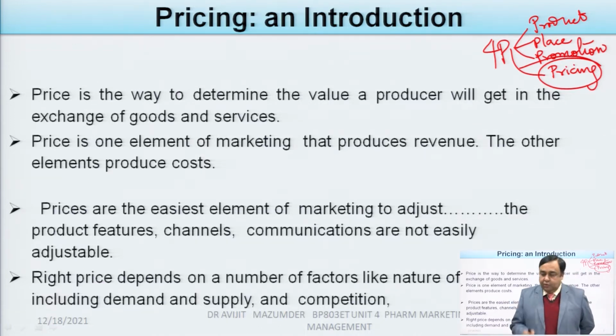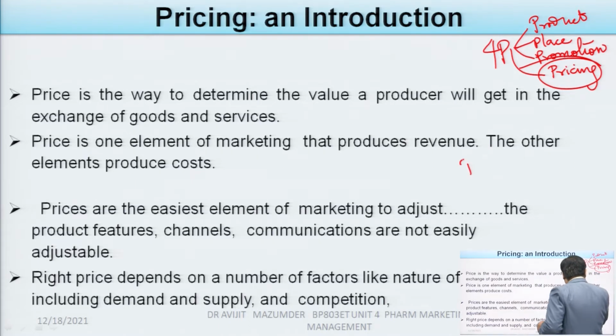As I told you in the last class, it is a two-way flow. On one side we have the producer or the manufacturer, and on the other side we have the buyers.